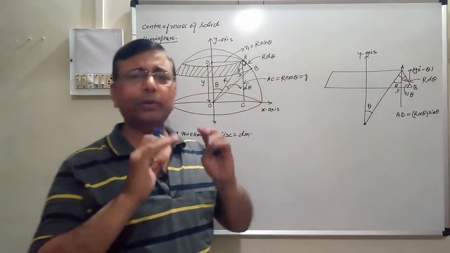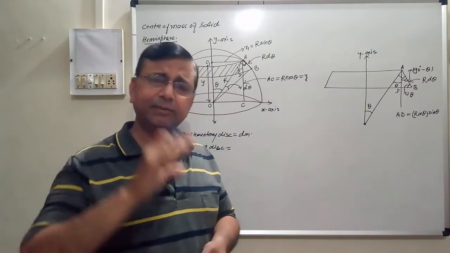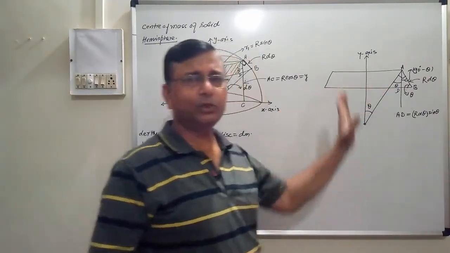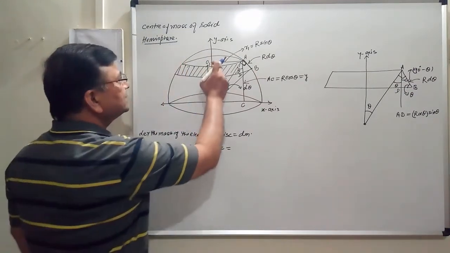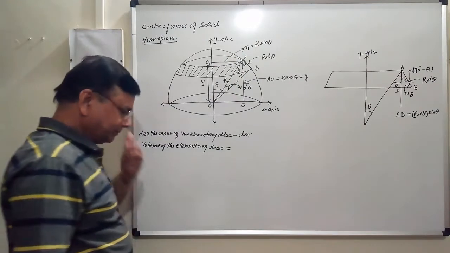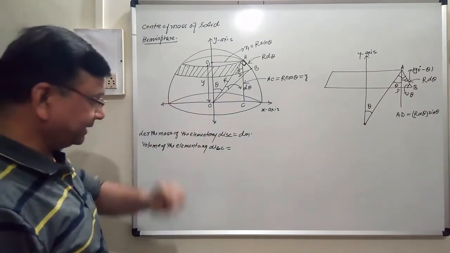Because when we have to find the volume, we know it is area of the base into height. So the area of the base, the radius is r1, pi r1 square into height, that is AD.